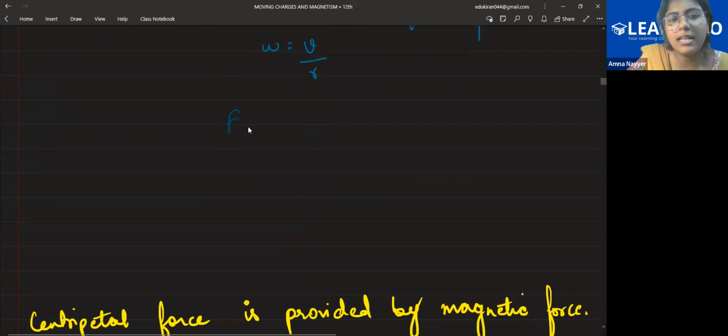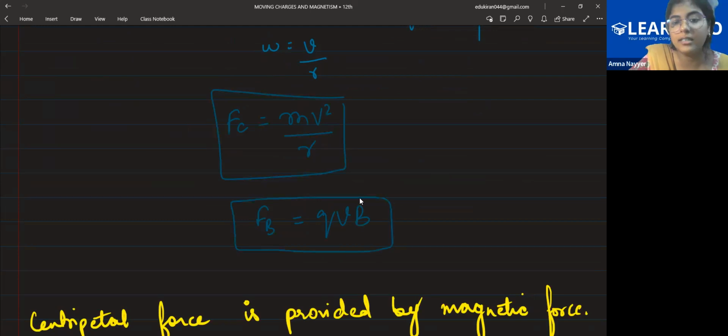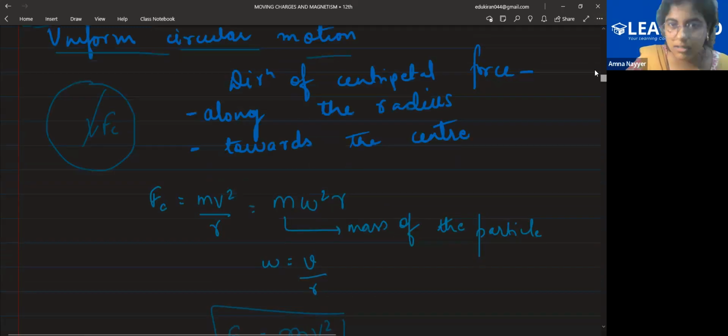Our centripetal force is mv square by r, right? And our magnetic force is qvB. So if the magnetic force is providing the centripetal force, we can equate both of these. And that will lead to a different section that we'll discuss later. But first, write down this part.